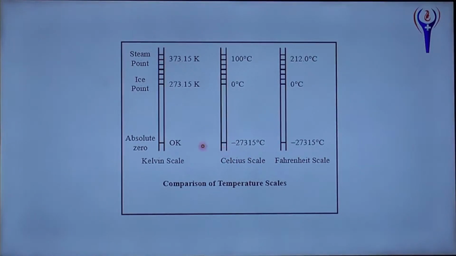And this is a comparison of 3 scales: Kelvin scale, Celsius scale, Fahrenheit scale. See, steam point 373.15, 100 degrees Celsius, 212.